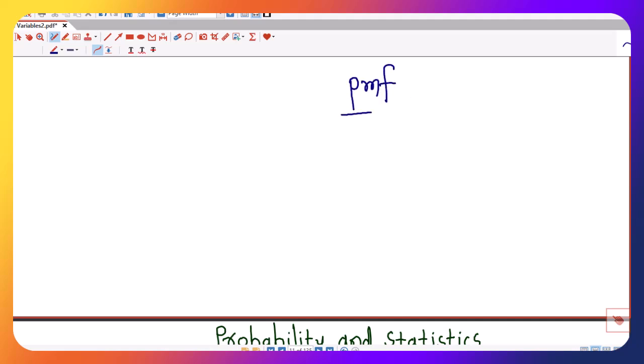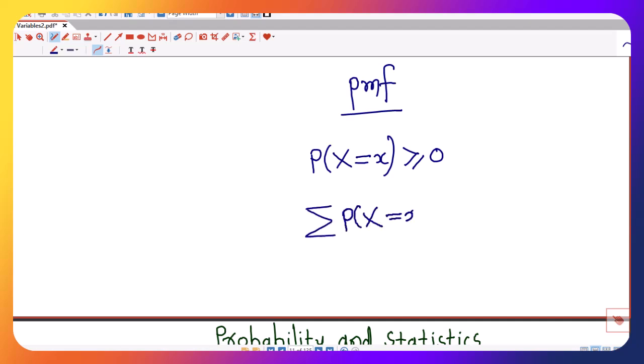Probability mass function is for a discrete random variable, and it is that function for which all the probabilities are non-negative, and if we take the sum of all the probabilities, the sum over all possible values of x must be equal to 1.